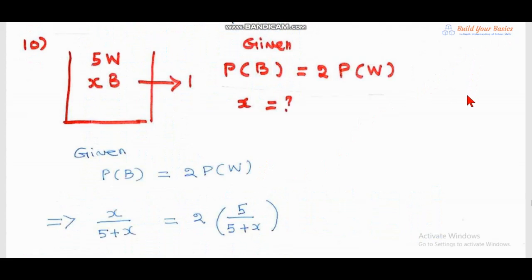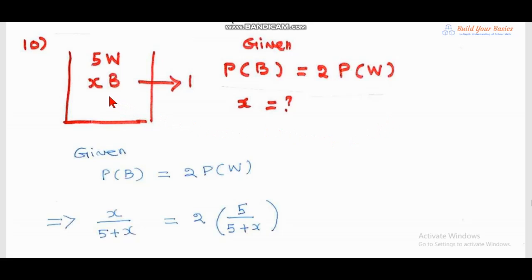Unit exercise 8. Question number 10. A bag contains 5 white and some black balls. If the probability of drawing a black ball from the bag is twice the probability of drawing a white ball, then find the number of black balls in the bag.